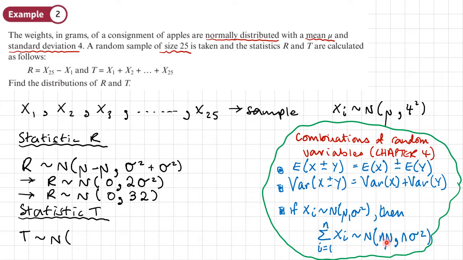Since n is 25, we're going to have 25 mu. And then here we're going to have 25 sigma squared, 25 times the variance. Now the variance is 4 squared. So we'll just simplify that a bit. And we'll have 25 mu. So that's 400. So again, we could write the square root of 400 squared, so we could write this as 20 squared instead here.